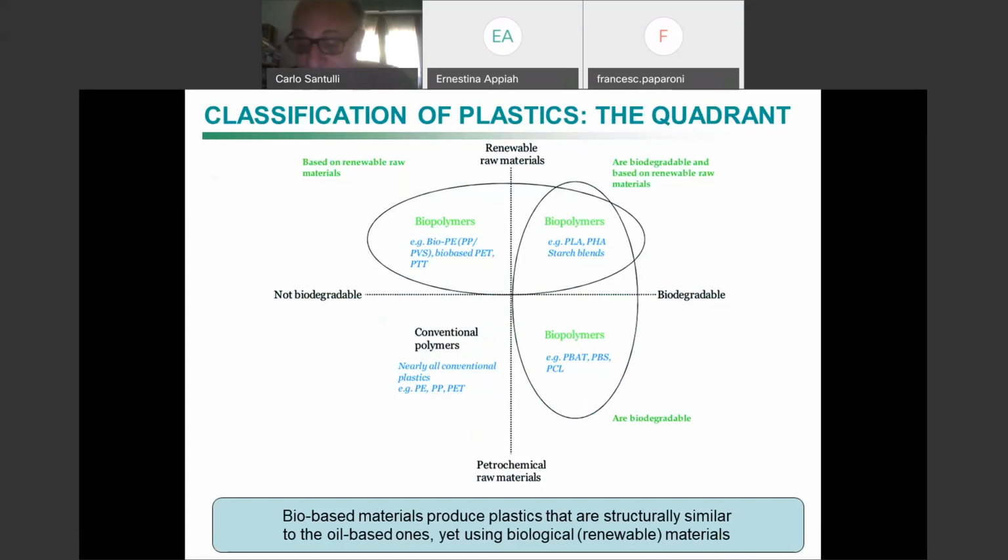Well, I will go into more details about this, but for example, there is a worm which attacks styrofoam. The Tenebrio molitor, it attacks styrofoam.